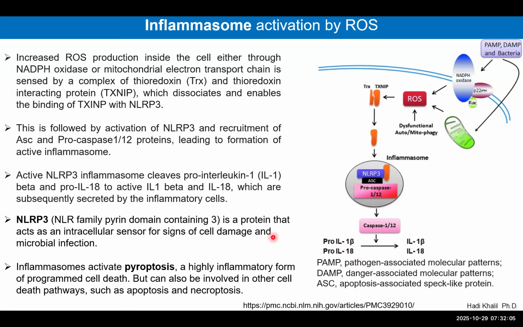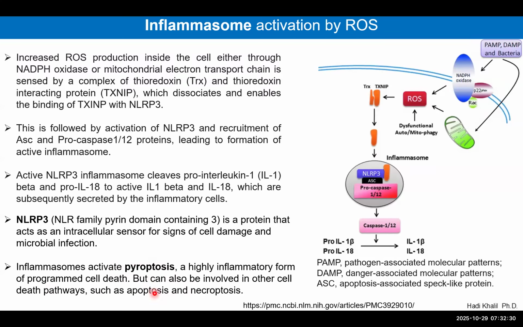Now, the type of cell death that could be induced, again, I told you these names become more confusing. So the inflammasome activates a type of cell death that's called pyroptosis. In other words, this is an inflammatory response that induces cell death. But it's not necessarily that it only causes pyroptosis.